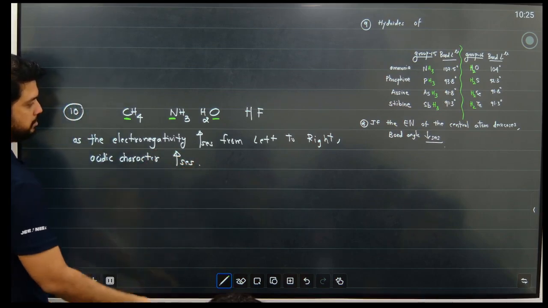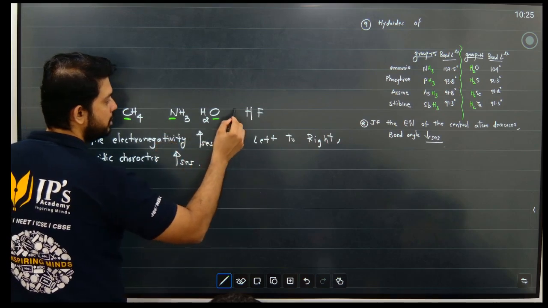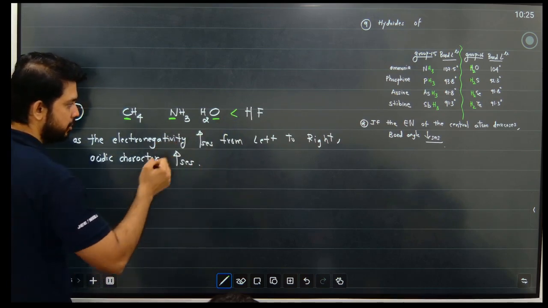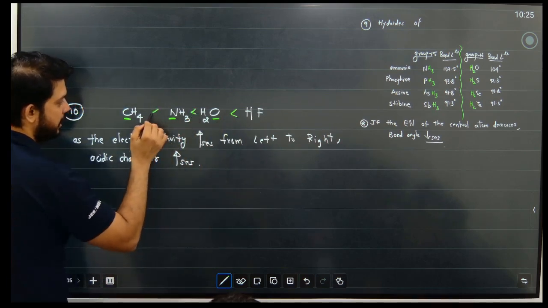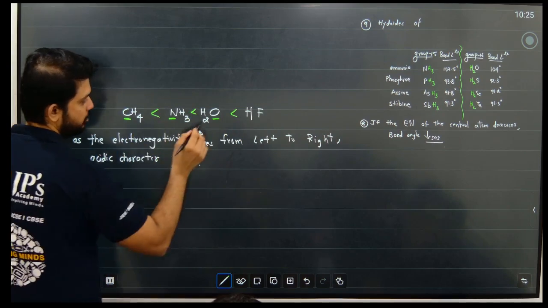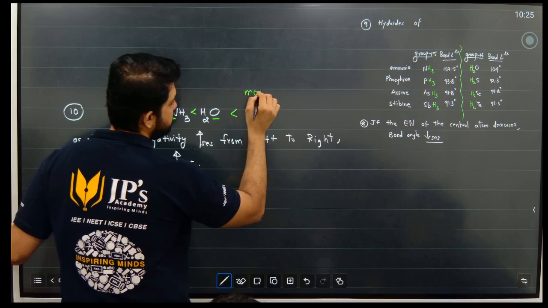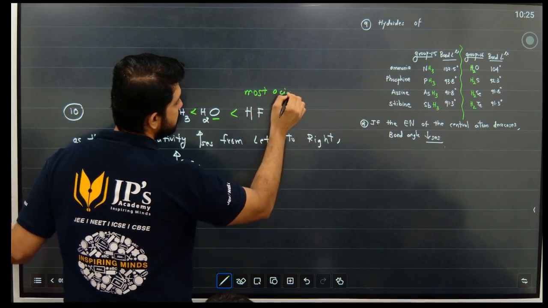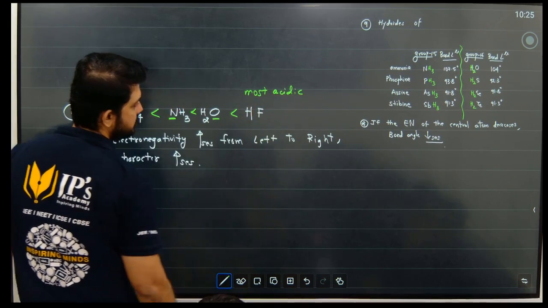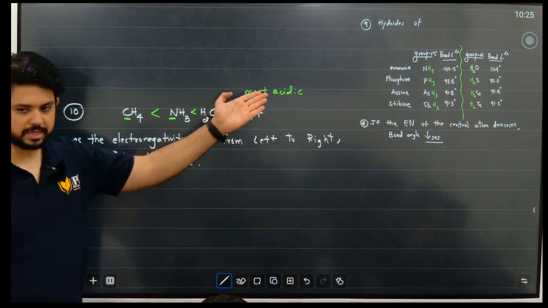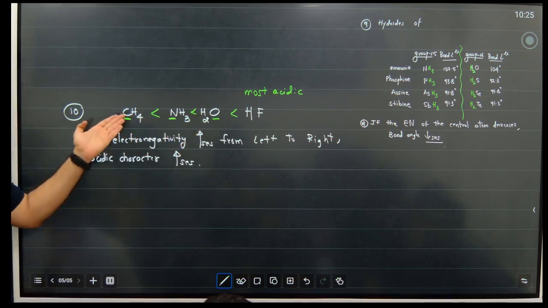In short, which is the most acidic among the four? HF, followed by NH3 and then CH4. What can we write for HF here, people? Most acidic. So among the four, the most acidic is HF, the least acidic is CH4.